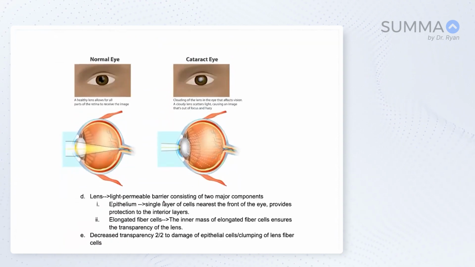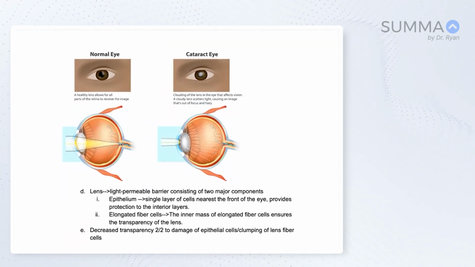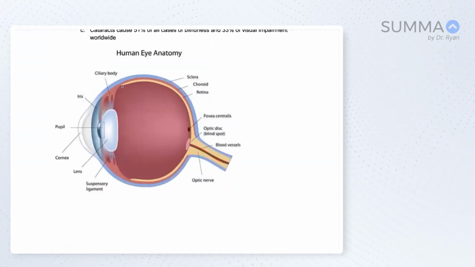And it's important because light travels through the lens and it is refracted, that is, light rays are bent so that they go into the retina, which is this layer of cells on the innermost surface of the eye right here. And the retina cells are very important because they convert light into chemical signals, which then are interpreted by the brain as images.